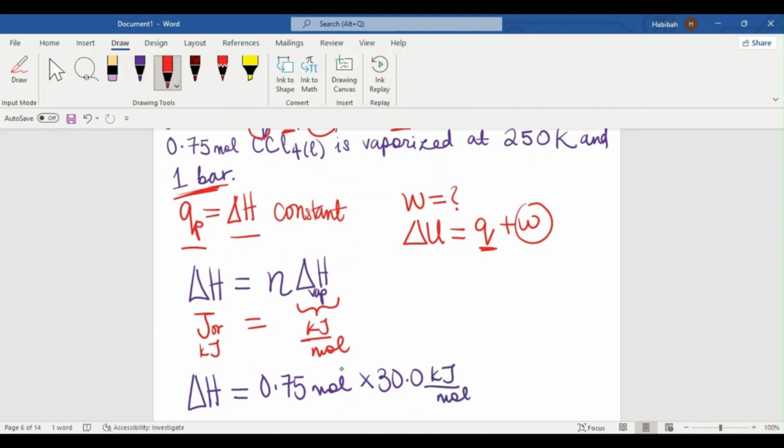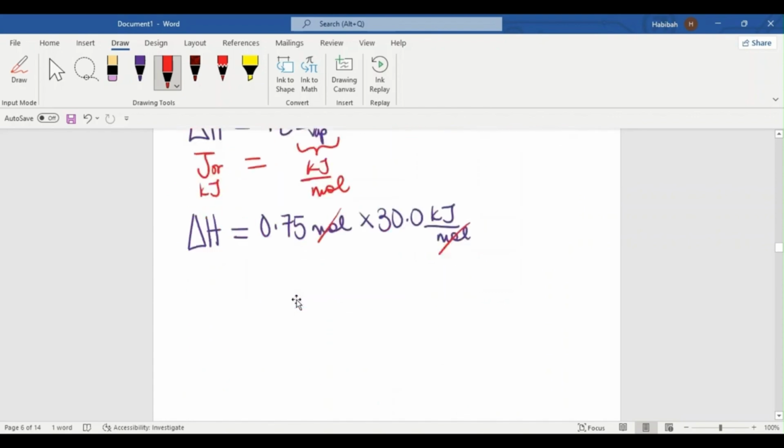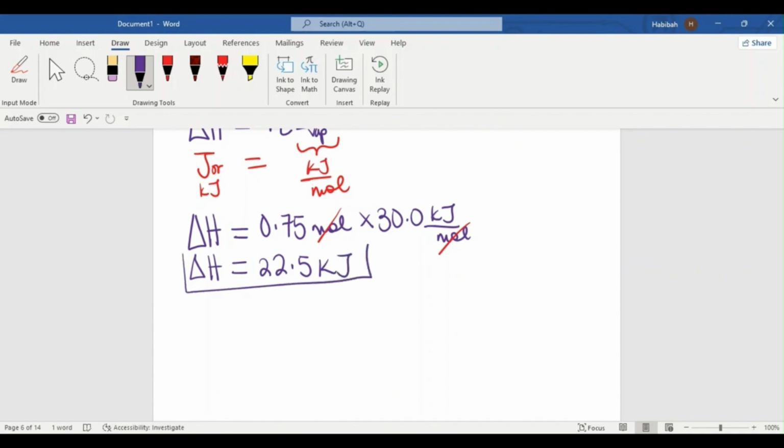Of course you cancel out the mole, so that would be 22.5 kilojoule. That is the value for enthalpy. And let's not forget, heat at constant pressure and change in enthalpy are the same value. So heat is therefore also going to be 22.5 kilojoule.